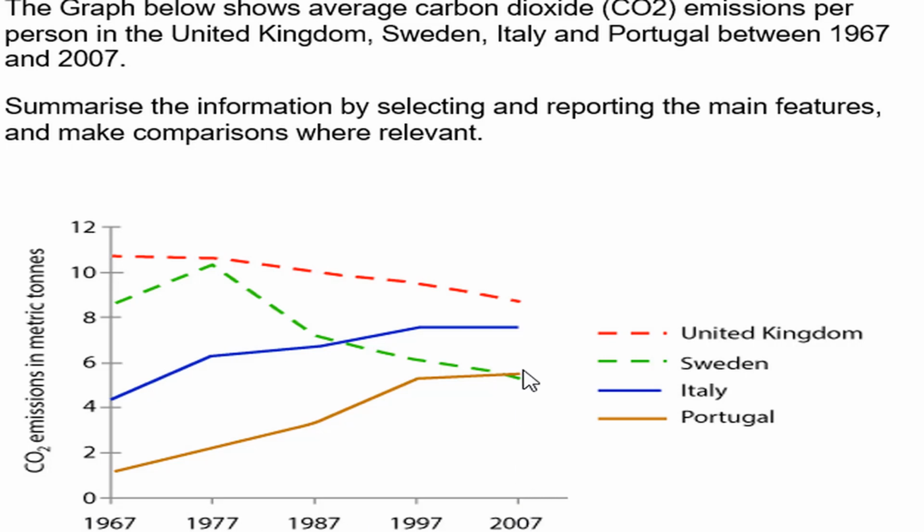And if we look at the data points, we've got the UK and Sweden, and they make a nice little group because they both show a decrease. And then we've got Italy and Portugal, which can also be grouped together since they both are on the increase.